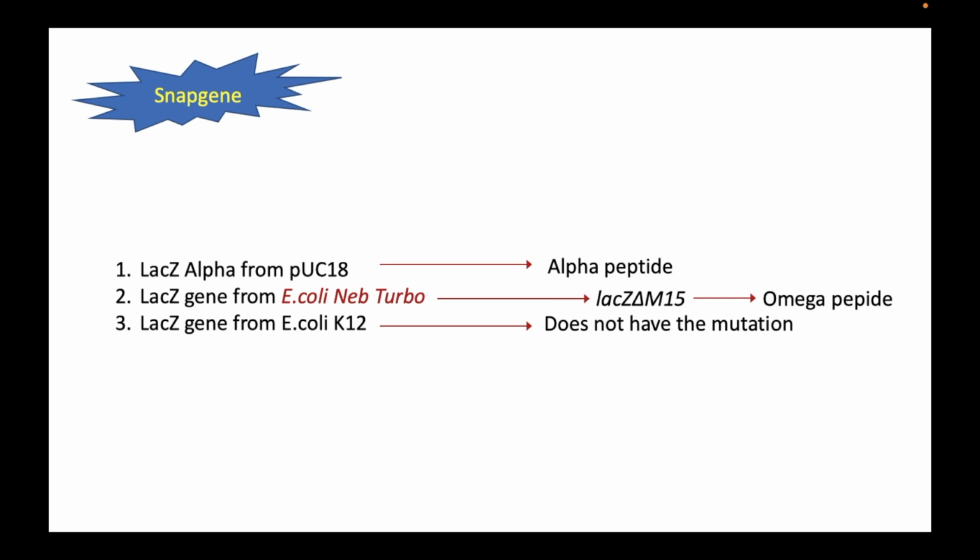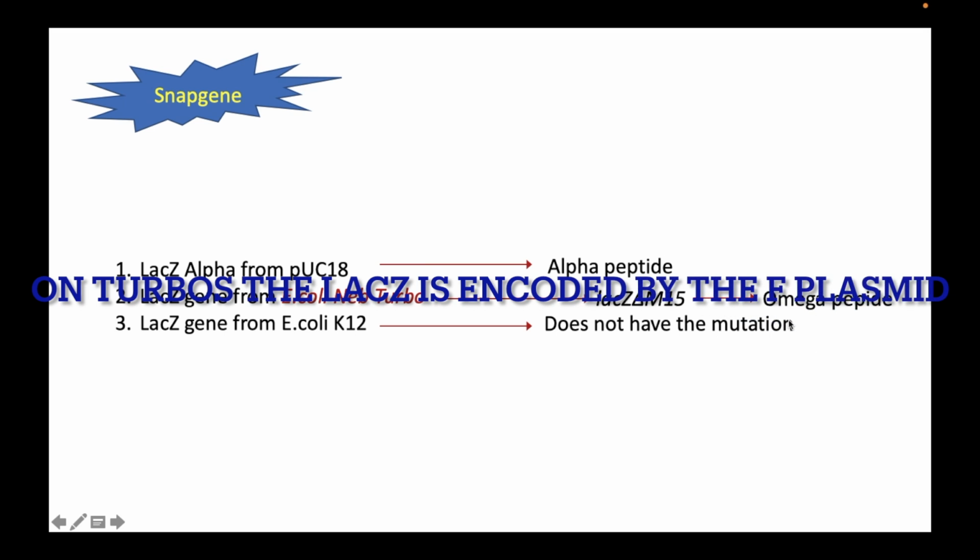Let me show you in more detail by comparing three sequences in SnapGene. Sequence number 1 will be the LacZ alpha fragment from pUC18, which encodes for the alpha peptide. The second sequence will be the LacZ gene from a strain with the LacZ delta M15 mutation, which encodes for the omega peptide.